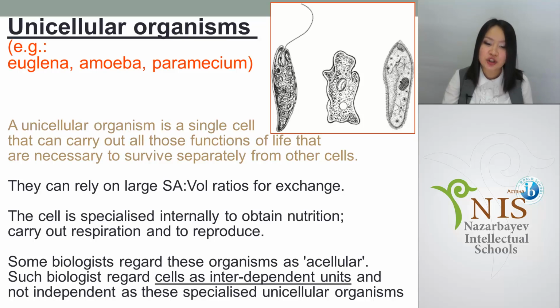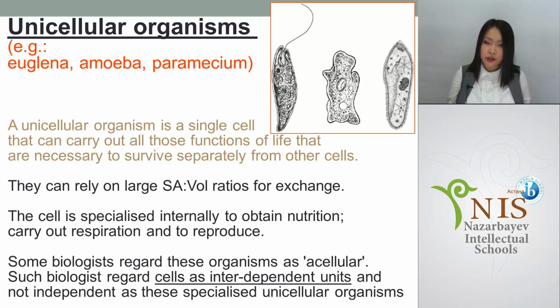The cell is specialized internally to obtain nutrition, carry out respiration, and reproduce. Some biologists regard these organisms as acellular. Such biologists regard cells as interdependent units and not independent, as these specialized unicellular organisms.